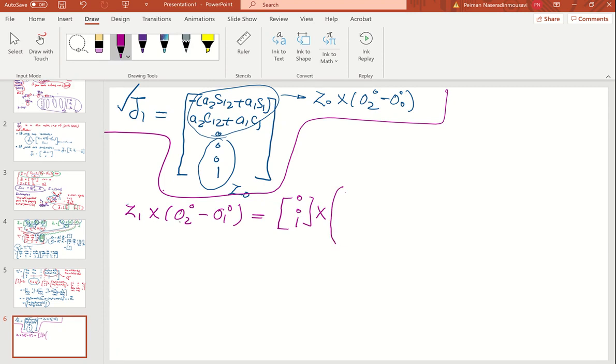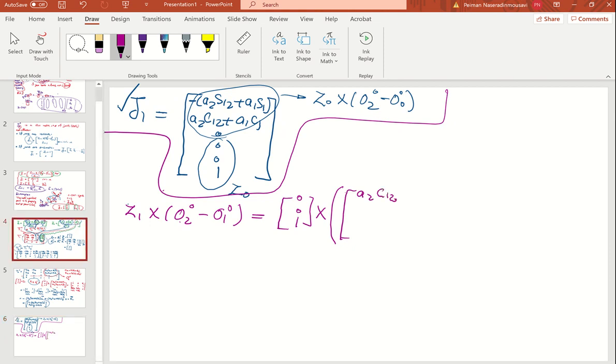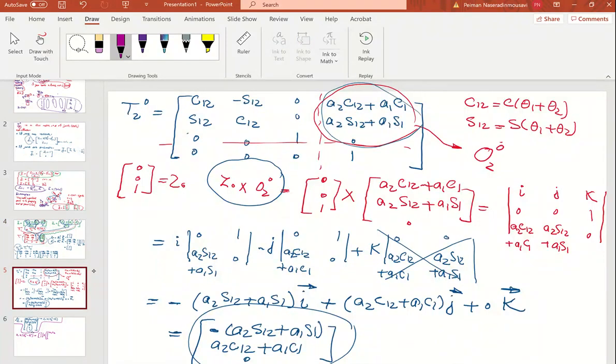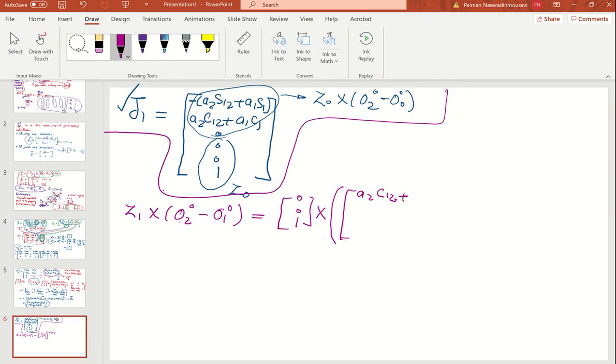O2 with respect to 0 was A2 cosine theta 1 2, here we go, plus A1 cosine theta 1, and A2 sine theta 1 2 plus A1 sine theta 1, 0.